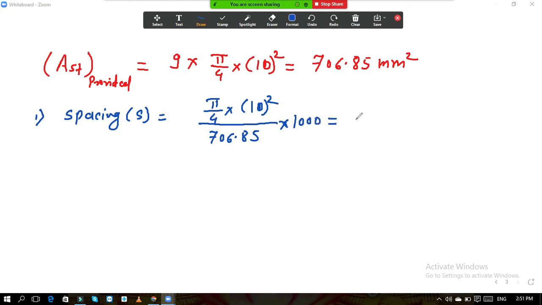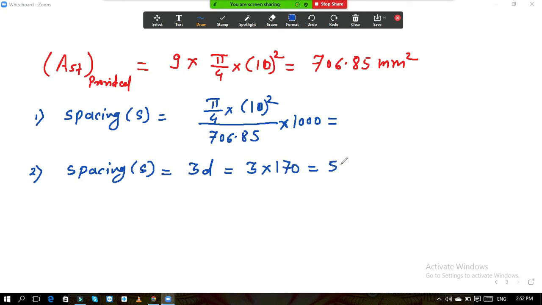Then second, spacing S is equal to 3D, 3 into 170, so 510.